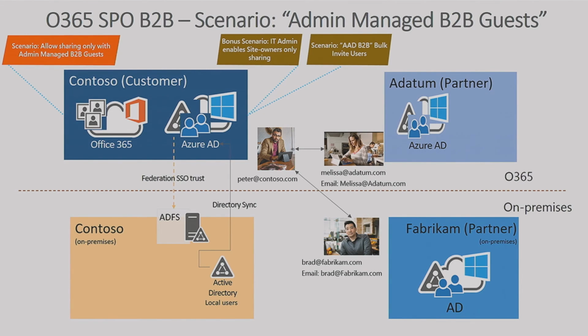Let's say Melissa@adatem.com, Mike@fabricam.com, and so on. And then upload that CSV file, I will show you the demo in a minute, into the Azure portal, so that those users will actually get an invitation, and then they click on the invitation and show up in your tenant. But this can be done only by the global administrator of your tenant.